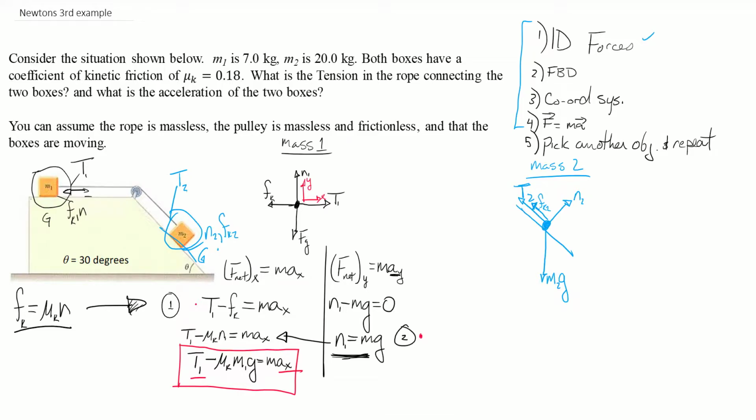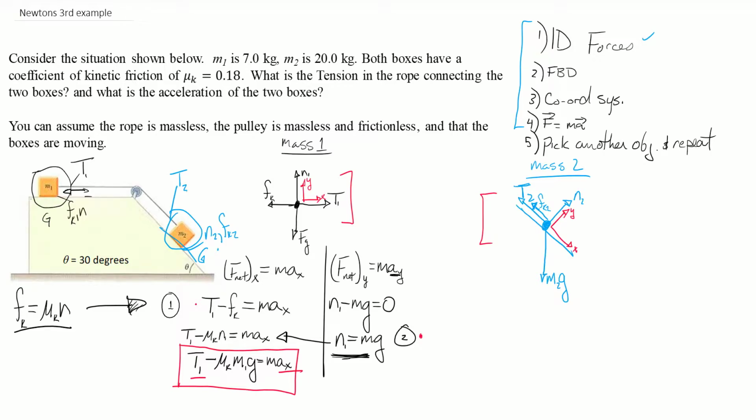The next step, pick a coordinate system. In this case, I'm going to use my tilted coordinate system. This is sort of a nice thing here, the coordinate system over here does not have to be the same coordinate system here. Remember, we're going to set up a system of equations for each free body diagram on their own. So we need one coordinate system for each of those, and they don't have to be the same.